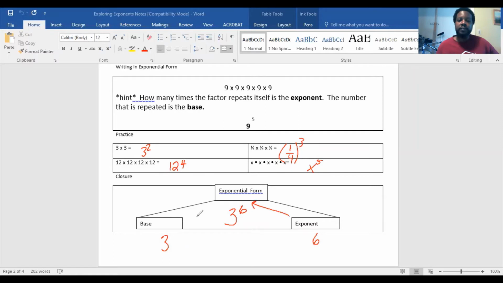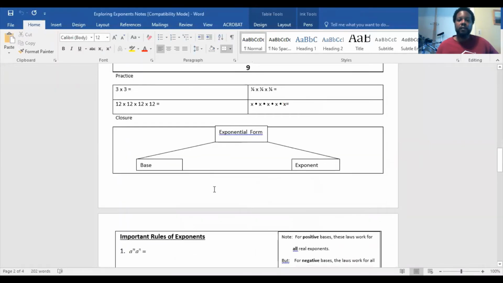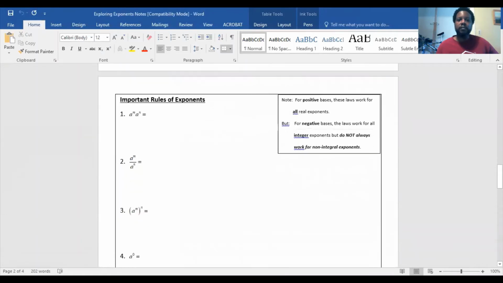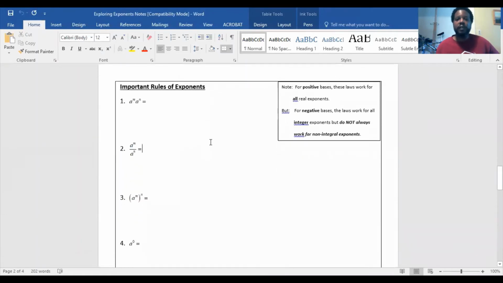That is the exponent, that is the base. We're going to keep moving here. We're going to learn some rules about exponents, and not do practice yet. We're just going to learn some rules about how these exponents work.